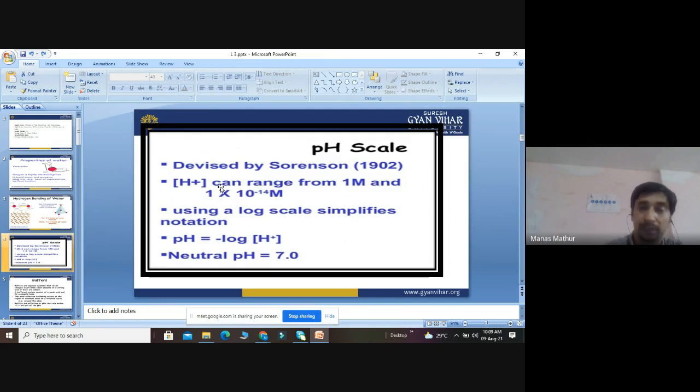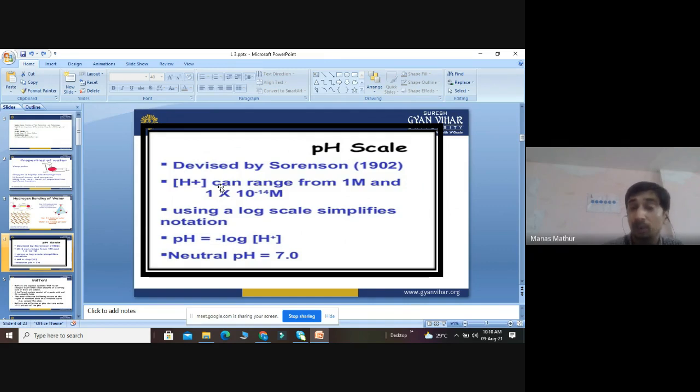The pH scale ranges from 0 to 14. If the pH is 0, 1, 2, 3, 4, 5, 6, up to 7, the solution is acidic. If the pH is 7, the solution is neutral. If the pH is more than 7, the solution is alkaline.